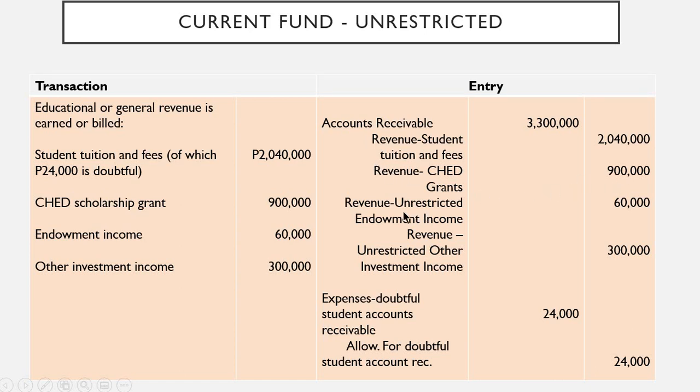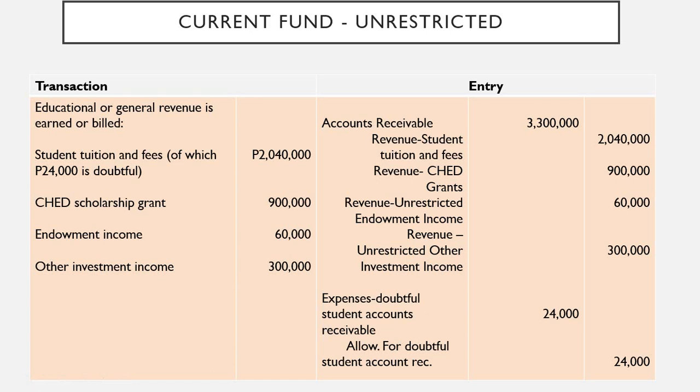For 900,000. Another one is itong ating endowment income, for 60,000, that's revenue, unrestricted endowment income, 60,000, and the other investment income for 300,000, it's income, unrestricted, other investment income, 300,000.